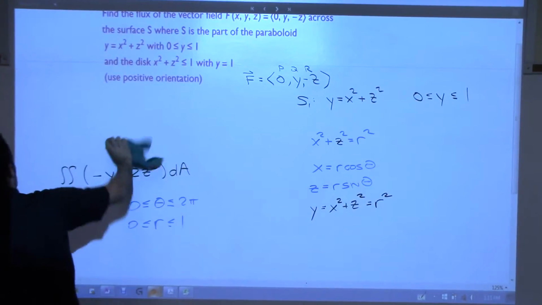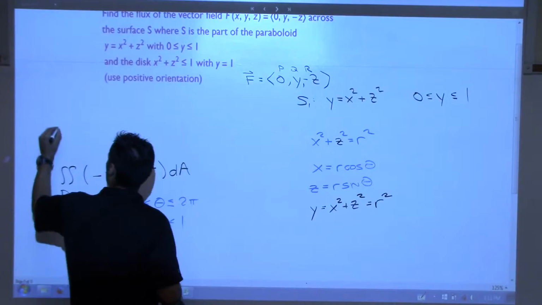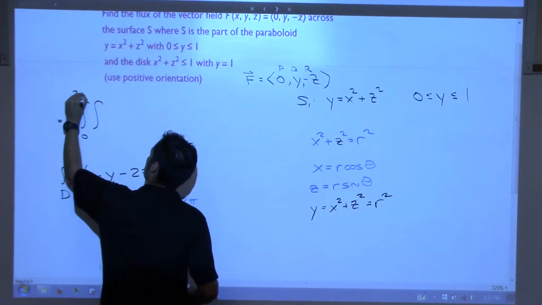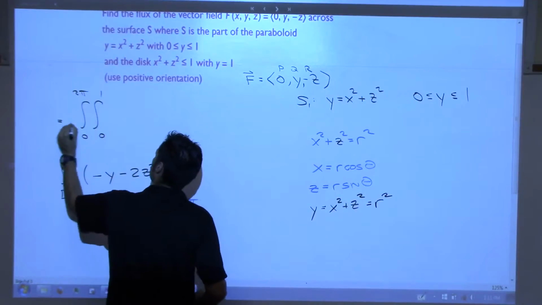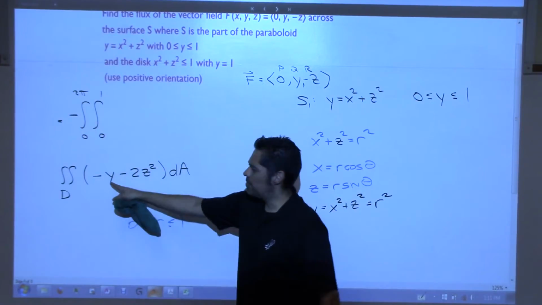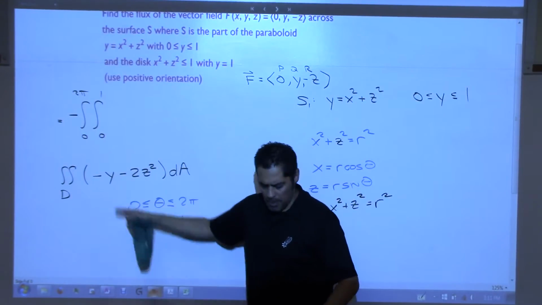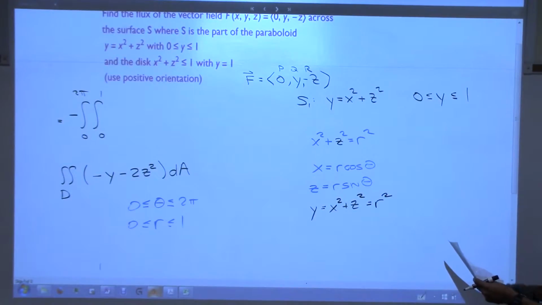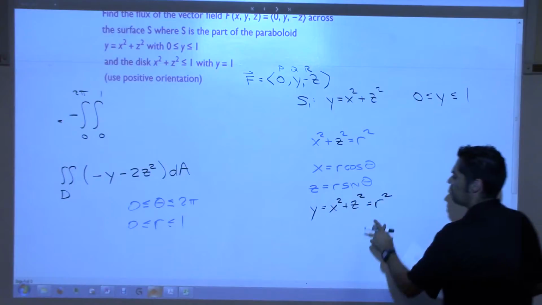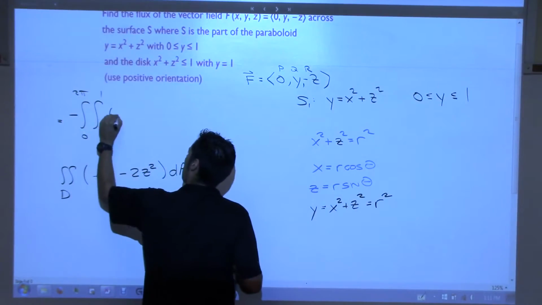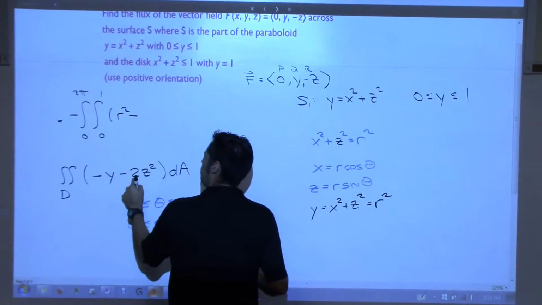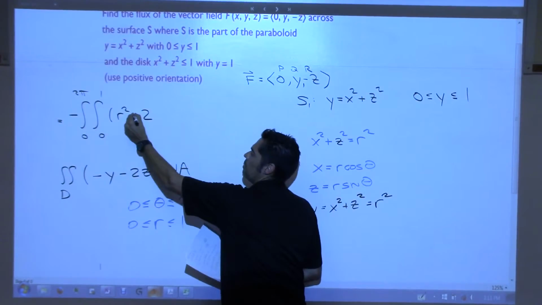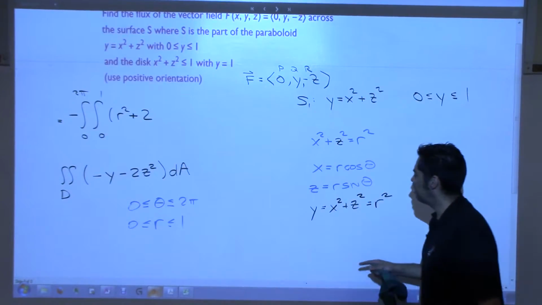So rewrite this now. This integral should turn into, now I can put some limits of integration. How about we go 0 to 2 pi and 0 to 1. Let's pull that negative out, that negative that was in here. And then we have y, right? And what's y, we said? r squared, minus 2 times, or plus, because I pulled the negative out, plus 2 times, what's z squared?